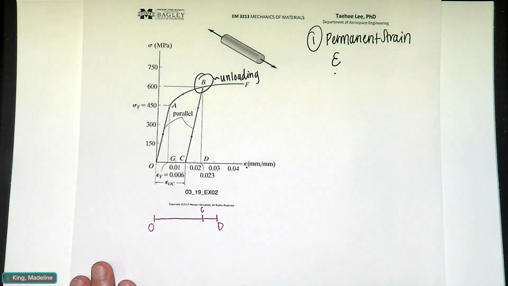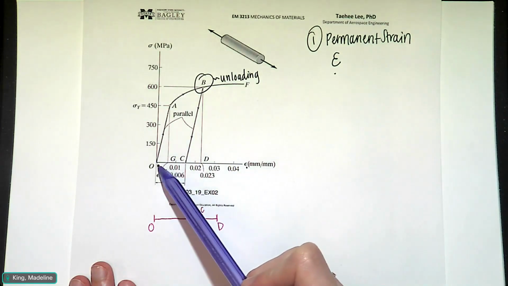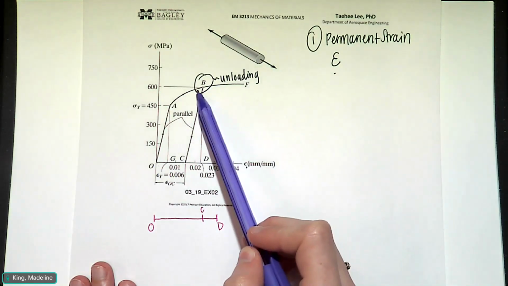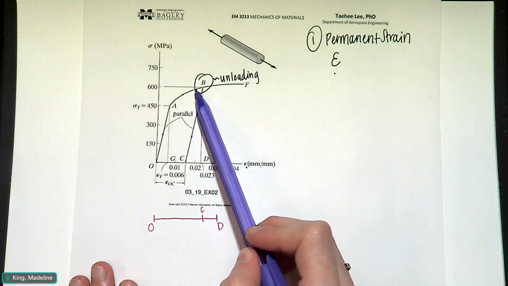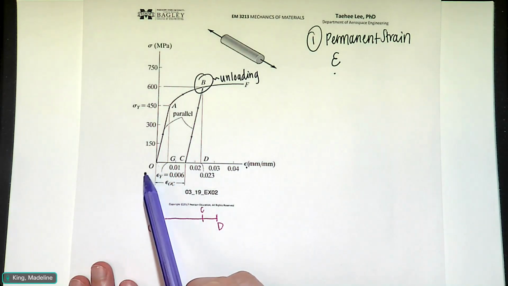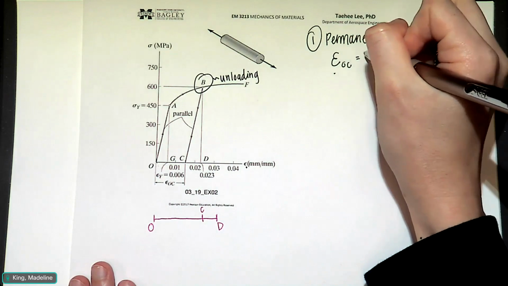If we were asked to find the permanent strain that remains in the specimen when the load is released, we really want to focus when the load was on our rod until it got taken off. So it was unloaded at B, and point C correlates to point B, okay? So we are really wanting to find epsilon OC. So this is what we're trying to find, epsilon OC.